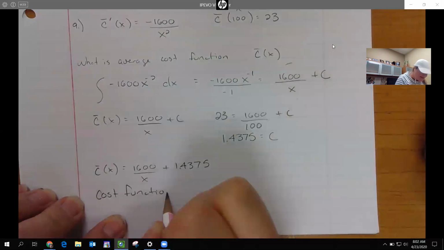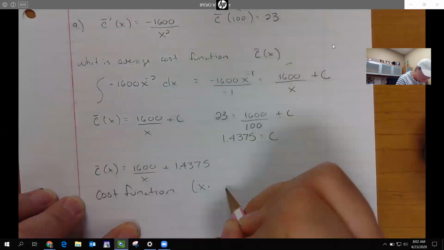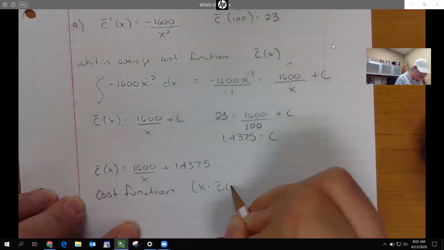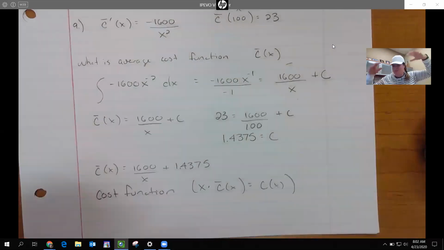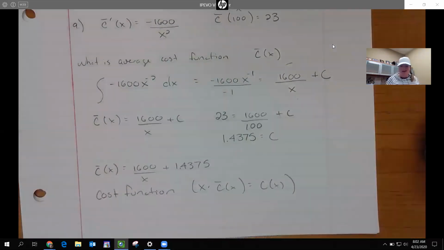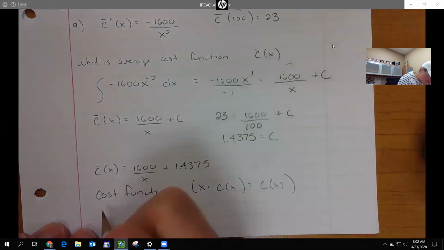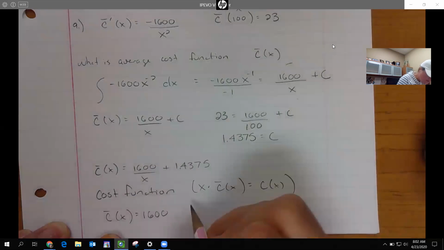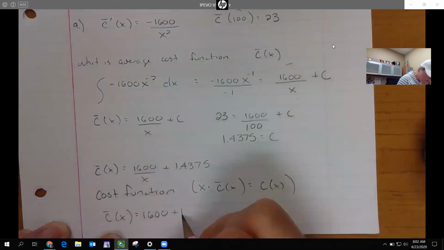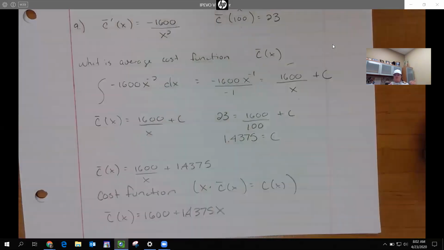So if we times by x, that would give us the cost function. So we could go back, we divided by x to get the average cost function, but we could also find the cost function by timesing by x. So the cost function is going to be 1600 because the x's cancel, plus 1.4375x. So we've gone back to the cost function.